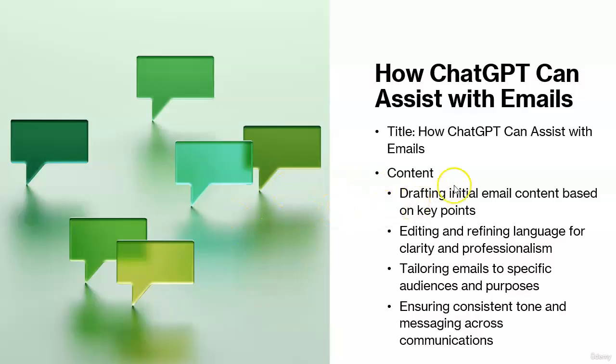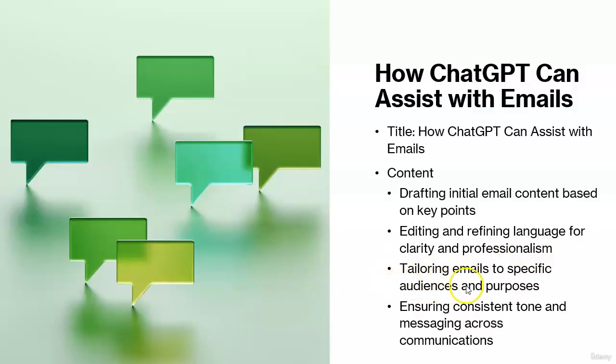Let's discuss how ChatGPT can assist with emails. ChatGPT can assist in several ways, like drafting initial email content. Based on the key points you provide, ChatGPT can generate a draft email, saving you time in the initial writing phase. Editing and refining: it can help polish the language, ensuring that your emails are clear, professional, and on point.